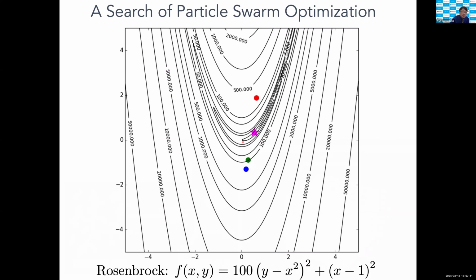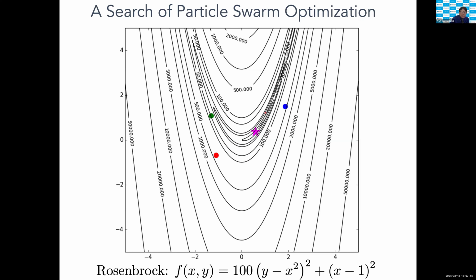This figure represents the contour lines of the Rosenbrock function, which is a well-known benchmark function in 2 dimensions. In this figure, the star symbol represents the position of the g-best, while other dots represent the points being explored by each agent.